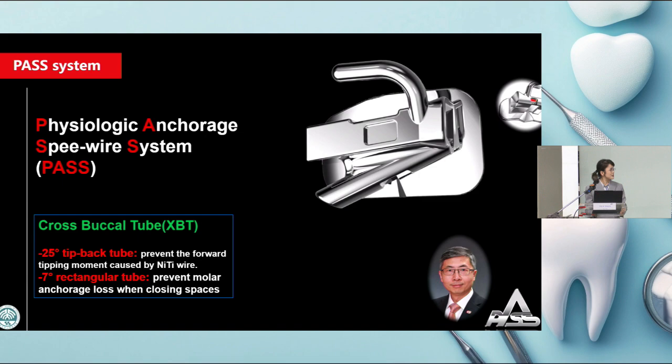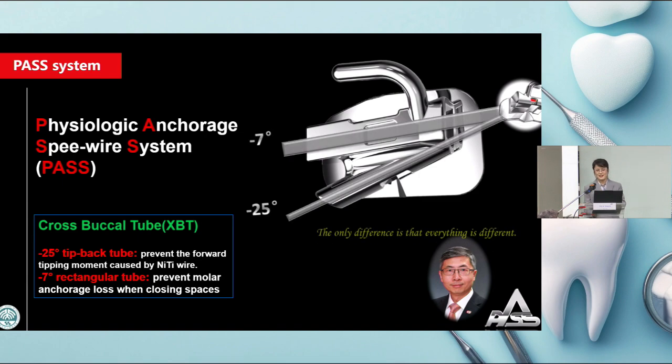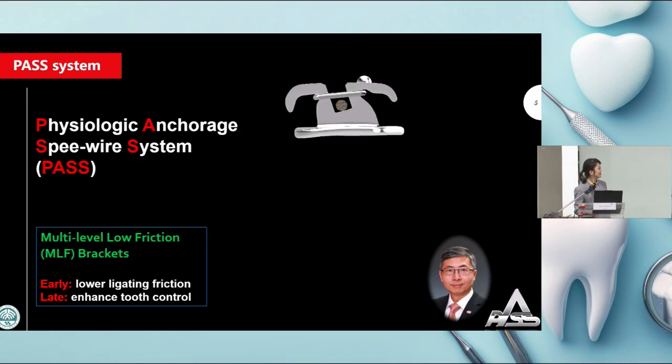Like the iPhone 6s says, the only difference is that everything is different. That's about the XBT tube. And the important part is the multi-level low friction bracket, named the MLF bracket, which in early treatment can lower ligating friction, and in late treatment can enhance tooth control.